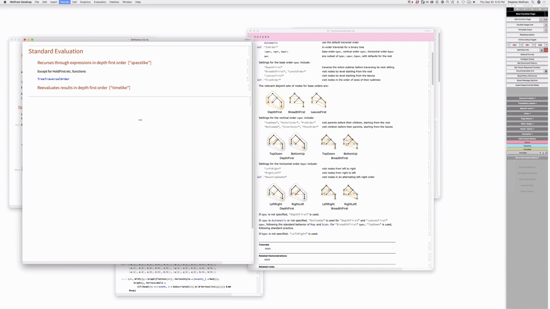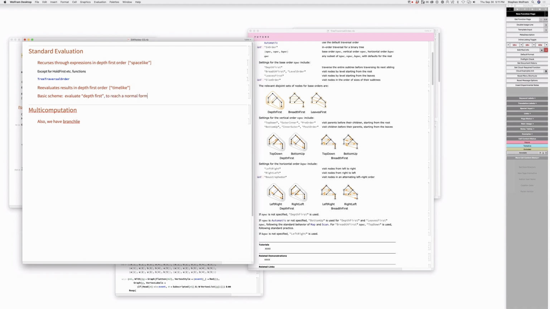So let's just play: what is the multi-computation idea? The multi-computation idea is that we also have a branch-like separation. The basic scheme of standard evaluation is to evaluate, quote, depth first to reach a normal form.